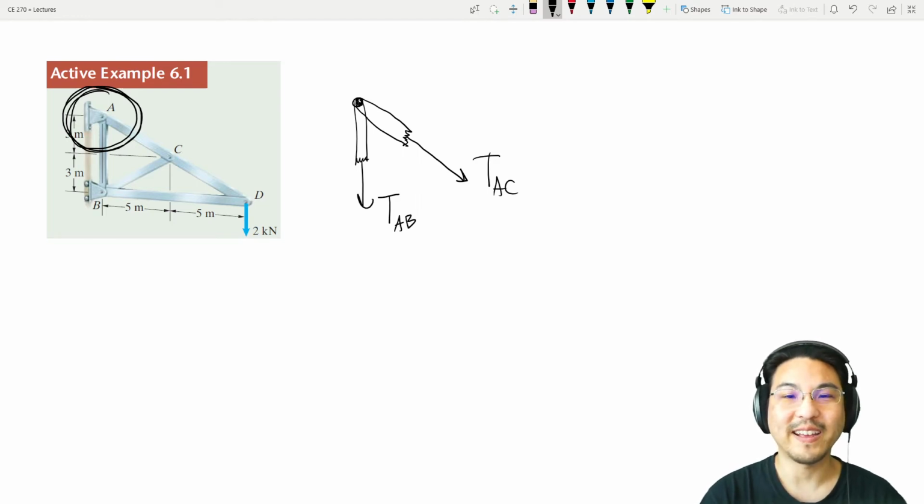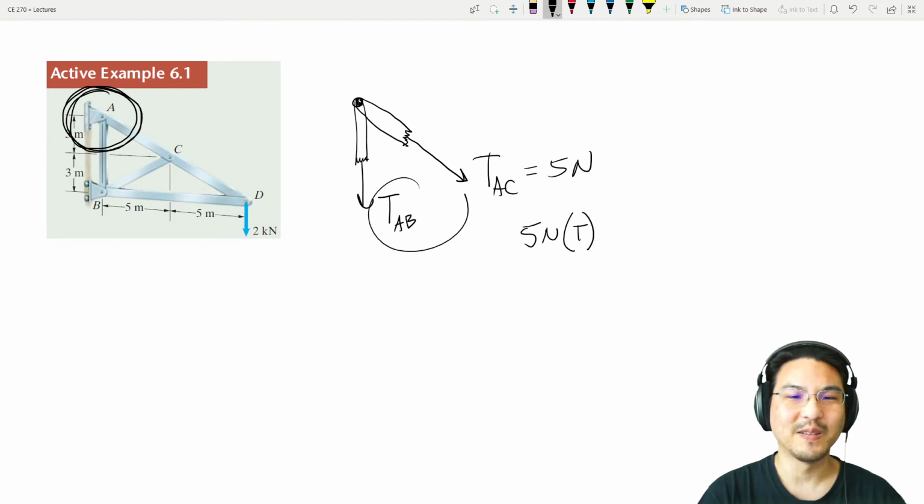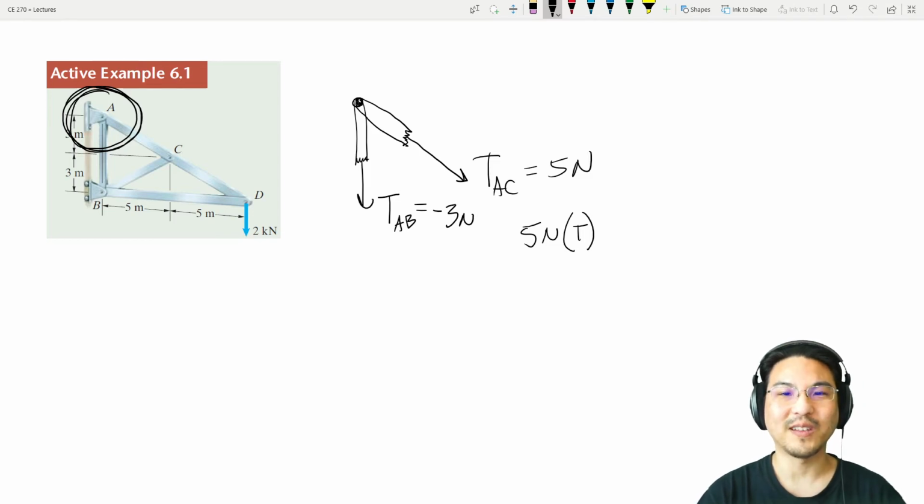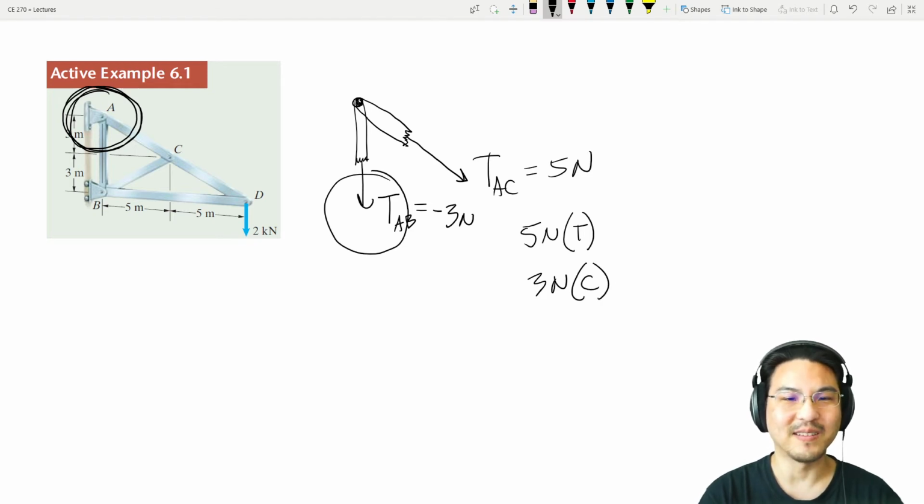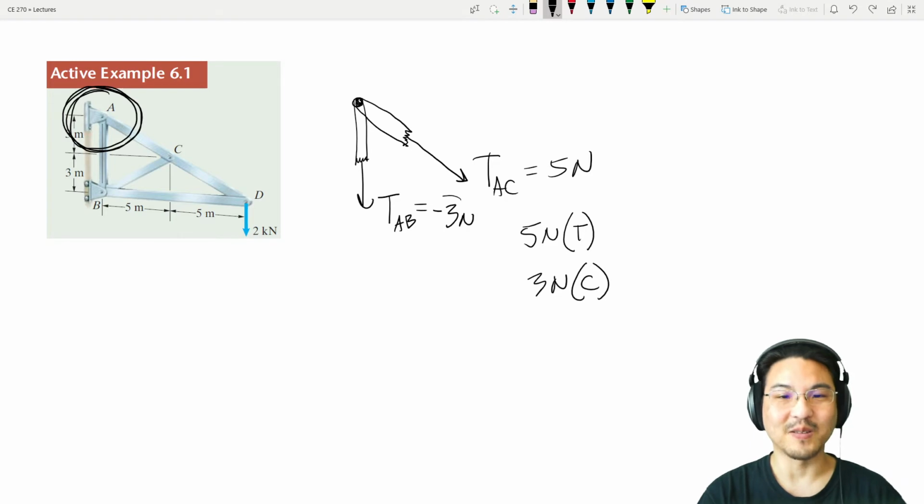Now, if I get a positive answer, let's say 5 newtons, that means axial force AC is 5 newtons in tension. But let's say for this one I get an answer like -3. That means axial force AB was actually 3 newtons in compression, because I drew my arrow in tension but got a negative answer.